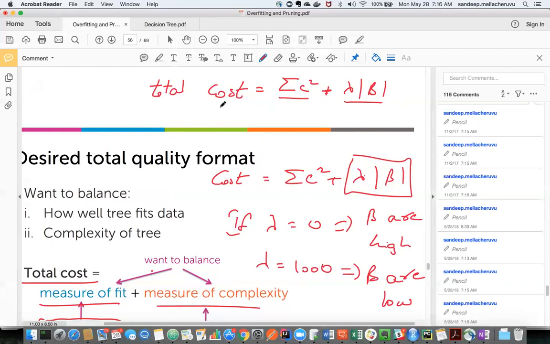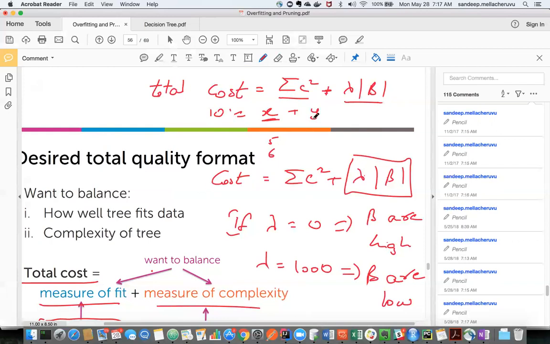So for example, if the total cost is fixed, let's say it is 10, and let's call it x plus y. This is x and this is y. For x plus y to always equal 10, what should you do? Either increase this one. If you increase this one, automatically this one will decrease. For example, earlier x is 5, y is 5. Now you increased x to 6.